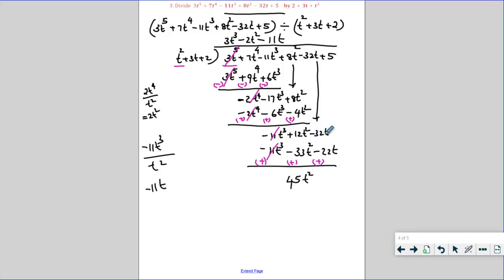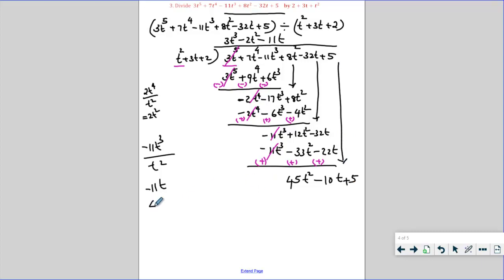Now here minus 32 plus 22. Both signs are different. You can write the variable first. Since the signs are different, we have to subtract 32 minus 22, that is 10. The symbol is for the bigger number, that is minus. So our answer is 45t square. Now you have to bring the last term, that is plus 5.